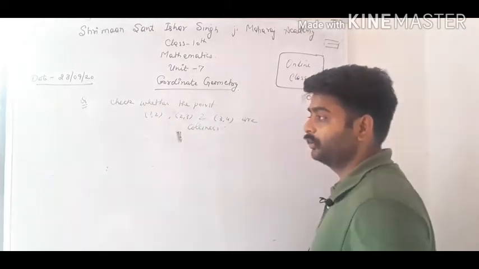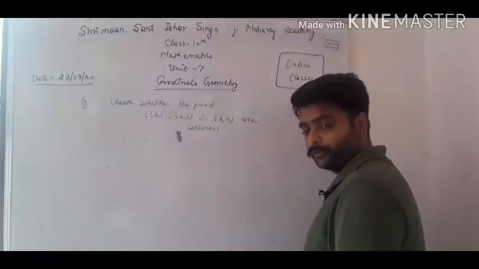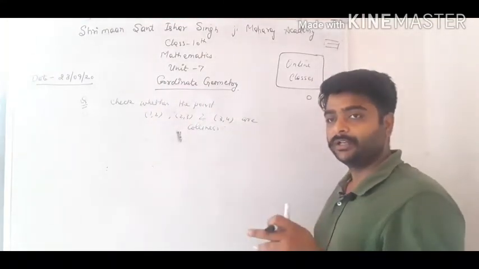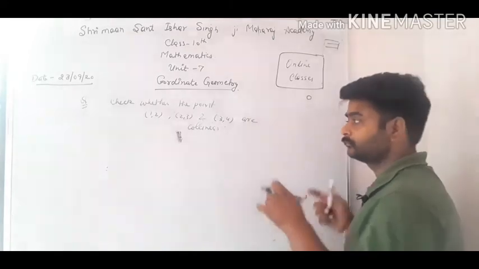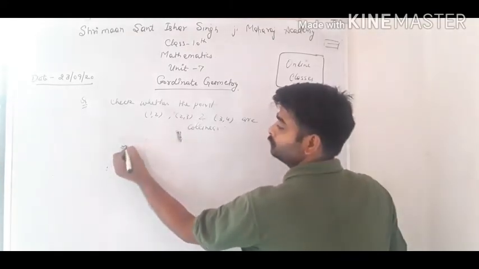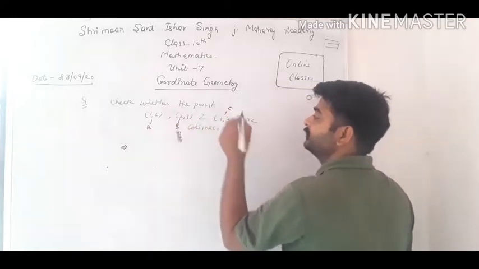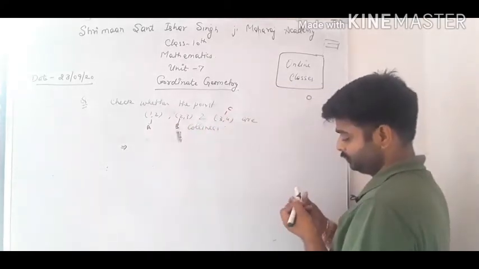So class, collinear means that all 3 points should be in a line. Now I assume this is A, this is B, and this is C. Got it class?